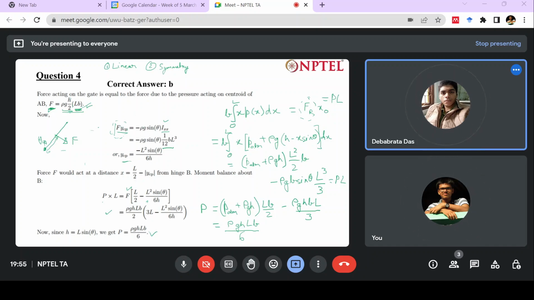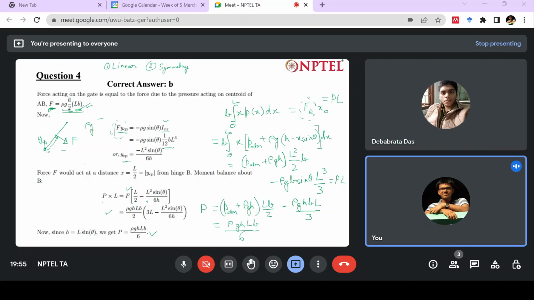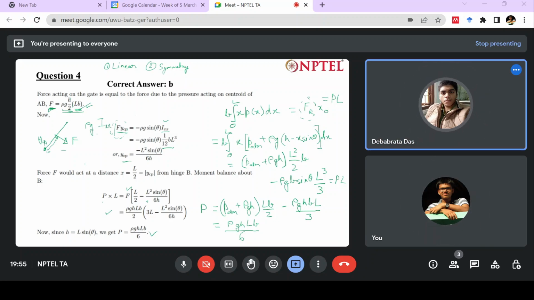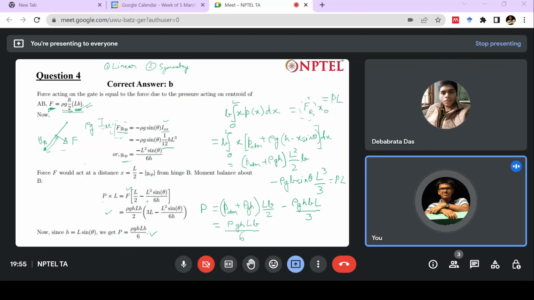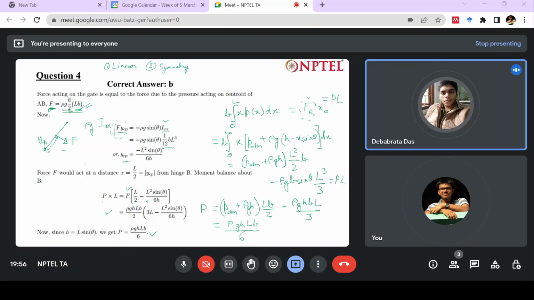So rho g is basically force per unit volume, right? And if you multiply this with the moment of inertia, you should get moment.